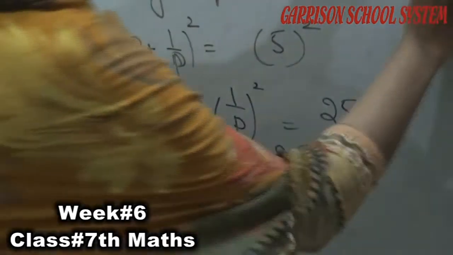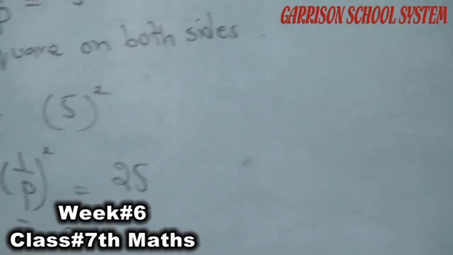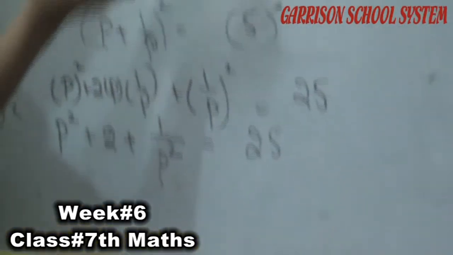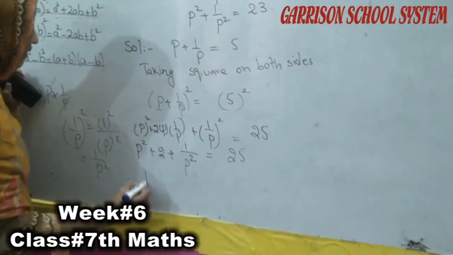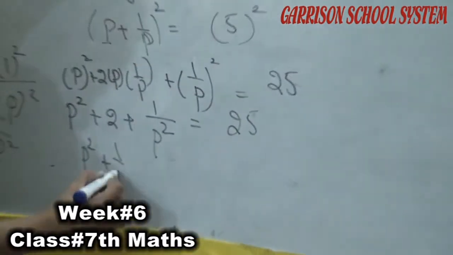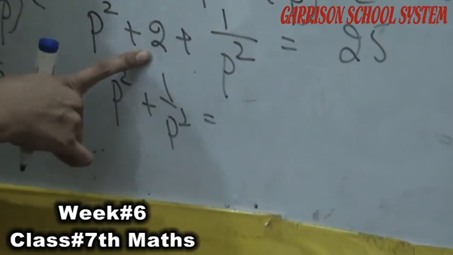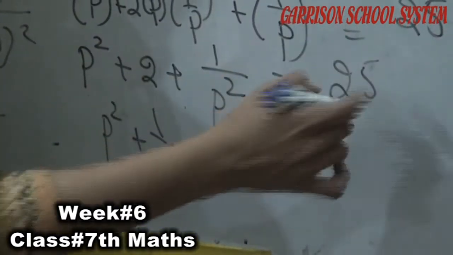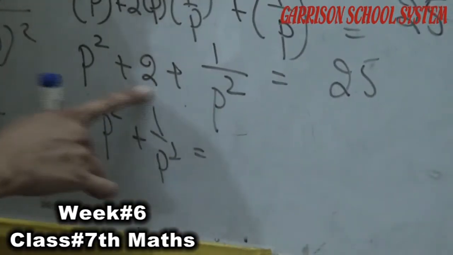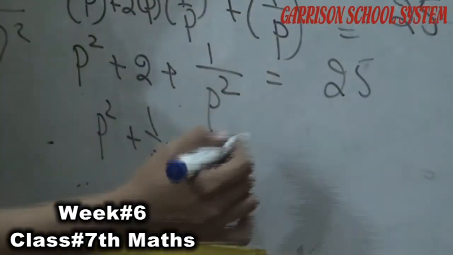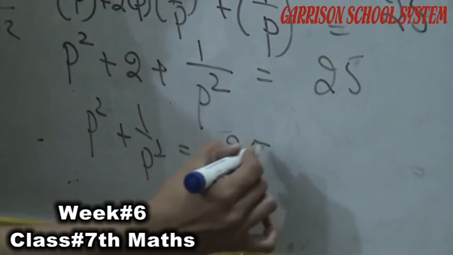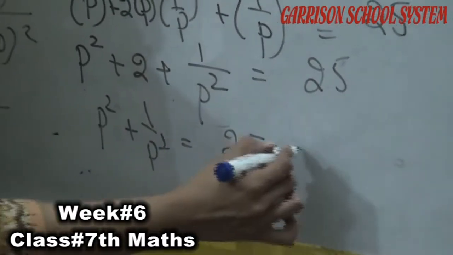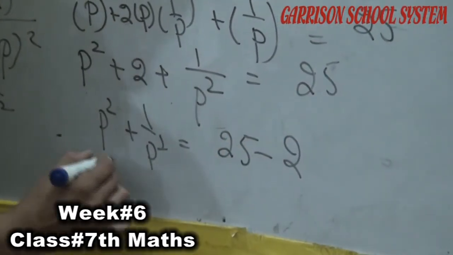So I have to find the value of P square plus 1 over P square. Then I will move the 2 from this side to this side. It is plus 2 here. When it is transferred to the other side of the equal sign, it will change its sign.